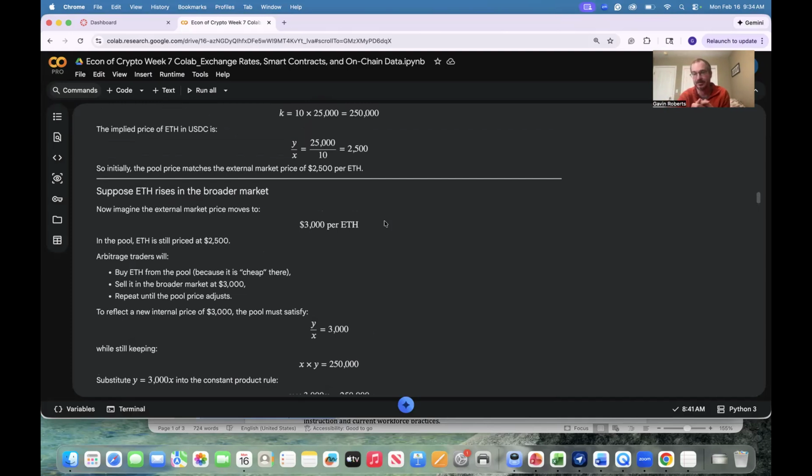So for all intents and purposes, the pool would be only full of US dollar coins. It would no longer be adding valuable liquidity to the market, because it doesn't have both assets really in it anymore.